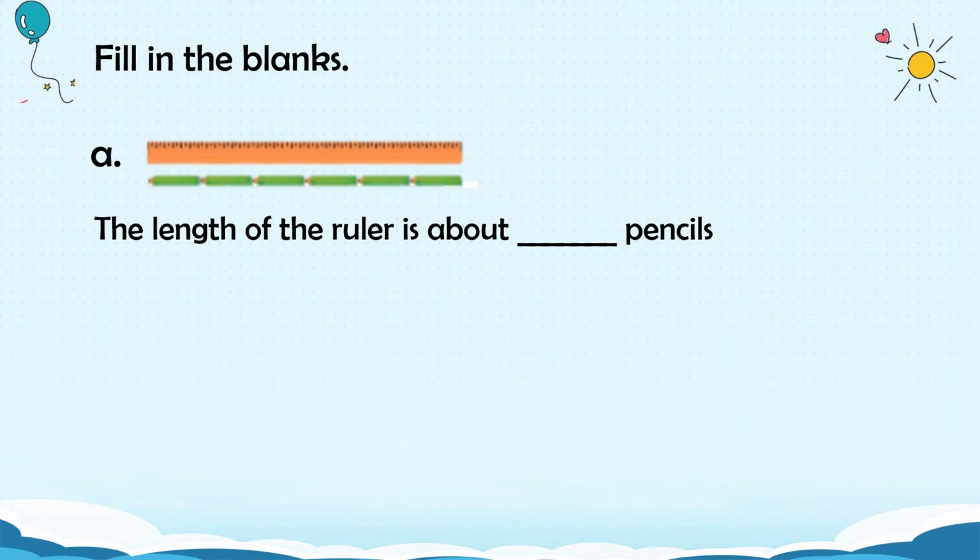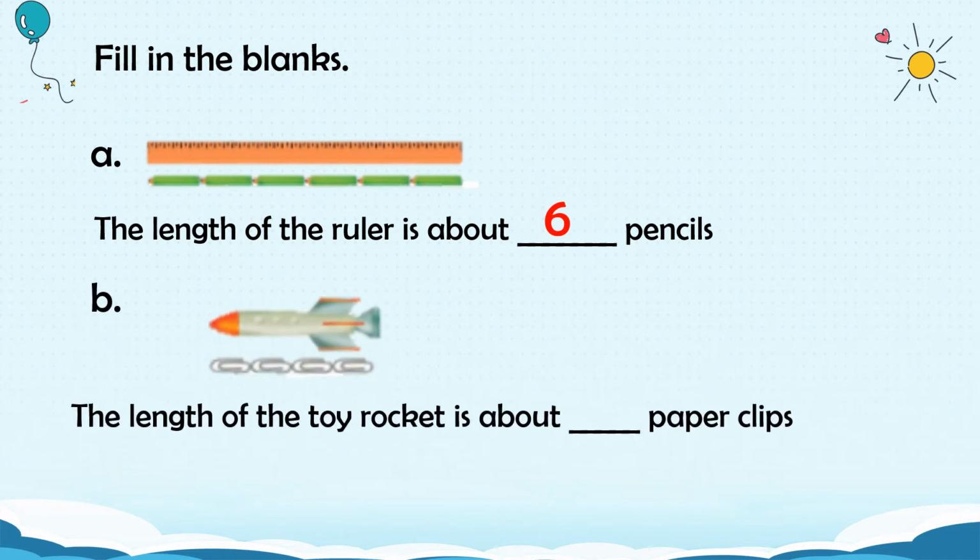Fill in the blank. Can you identify the length of the ruler? Good job! The length of the ruler is about 6 pencils. Pencils are also an example of a non-standard unit. Another example, can you identify the length of the toy racket?